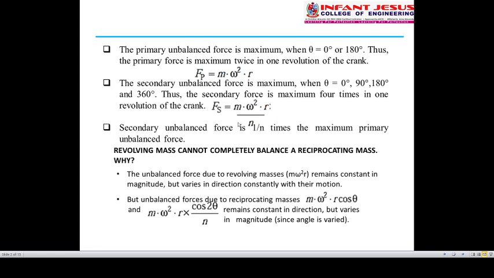Next we are going to see a small 2-mark question: a revolving mass cannot completely balance a reciprocating mass. Why? If both masses are present, a revolving mass cannot balance a reciprocating mass. Both should be balanced separately.